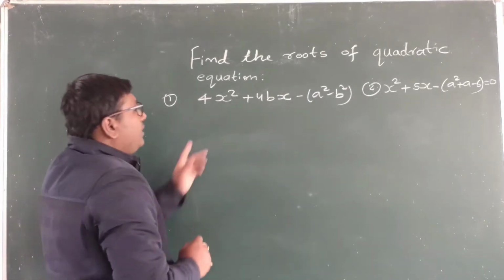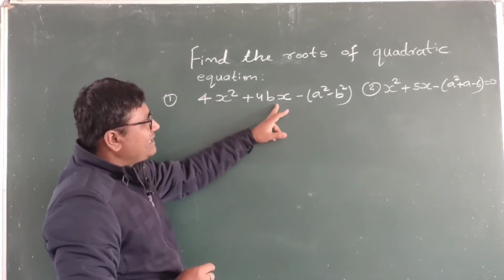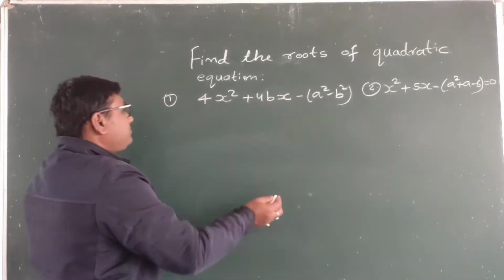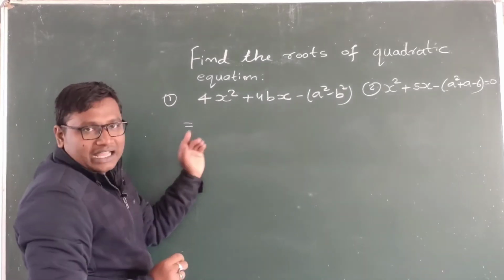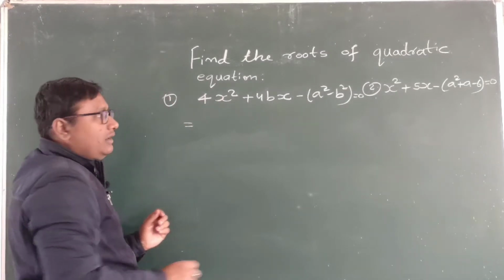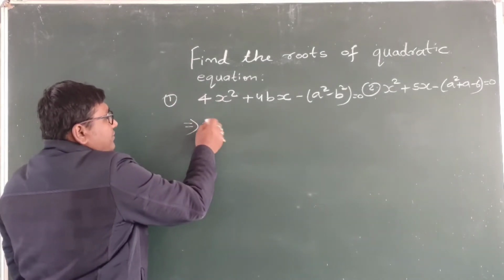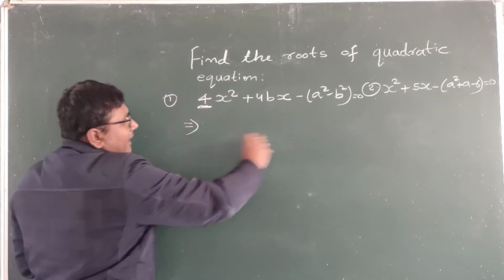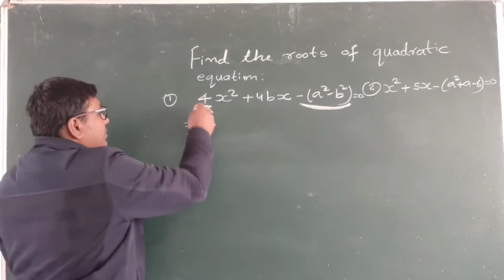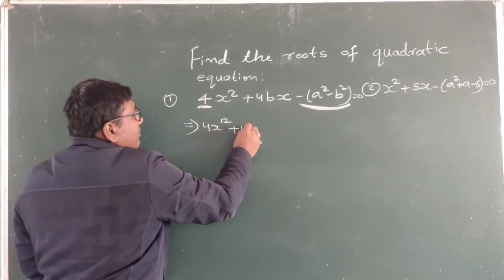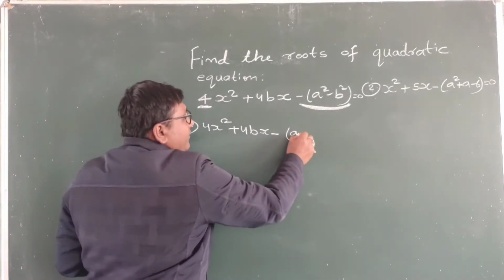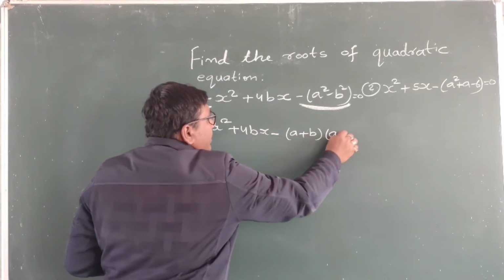Okay, now you see, 4x square plus 4bx minus a square minus b square equals 0. I am solving this question for you. Now, as we know, the coefficient of the first term and the last term are multiplied. So 4x square plus 4bx minus a square minus b square can be written in the form of a plus b into a minus b.